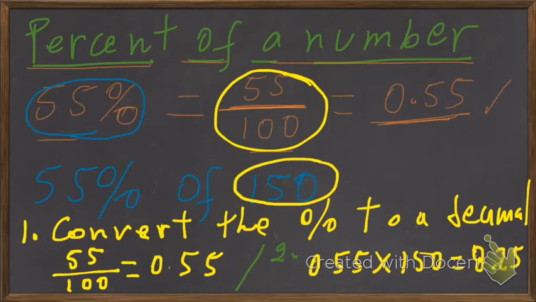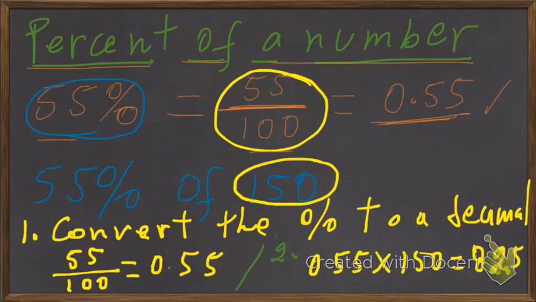Are you sure about that, Ms. Terrio? 0.55 times 150 is 8.25? The way I see it, 0.55 is very close to half, so half of 150 should give me 75. I think the decimal place is in the wrong spot. I'm sorry, it's 82.5.